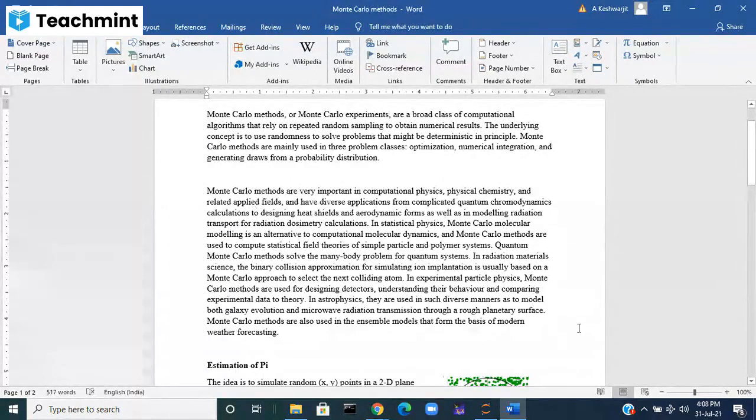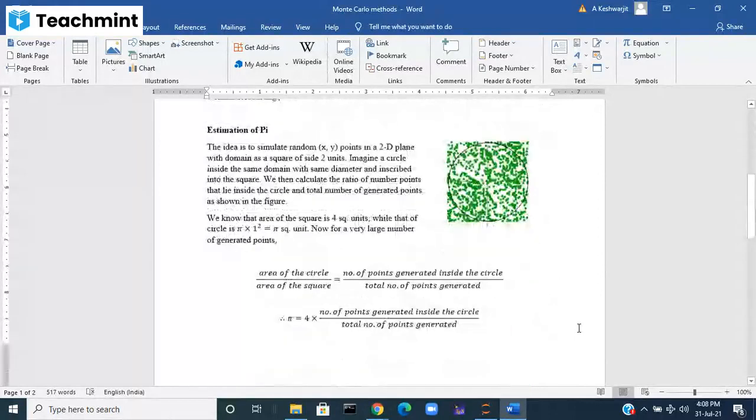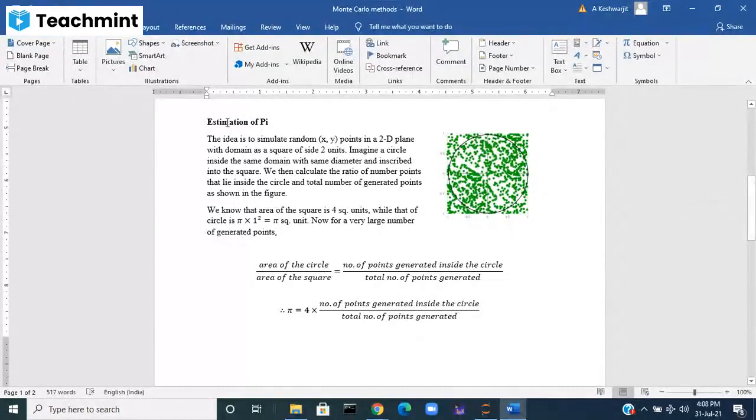These are some applications of Monte Carlo methods, and today we are going to discuss how to estimate the value of pi by using a Monte Carlo method. That is estimation of the value of pi. The idea is to simulate random xy points in a two-dimensional plane with domain as a square of side 2 units. So I have taken a square with sides 2 units.